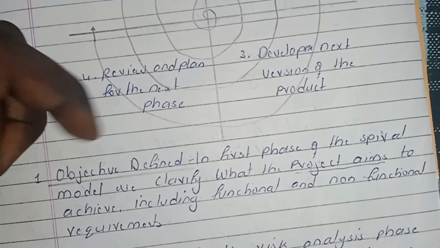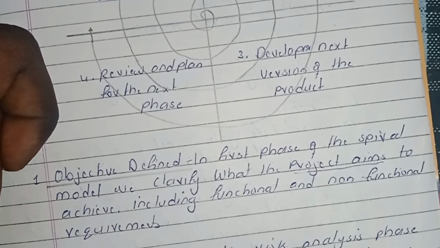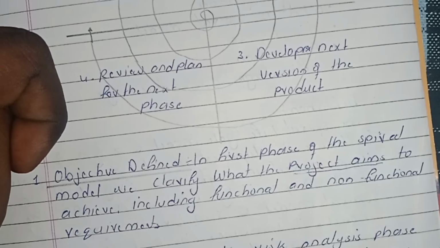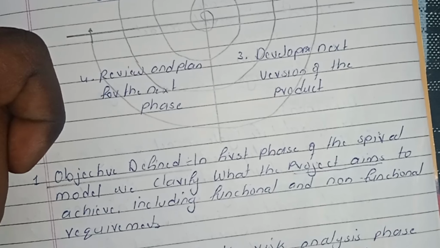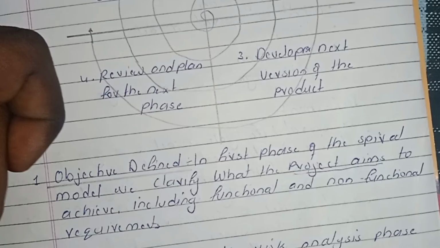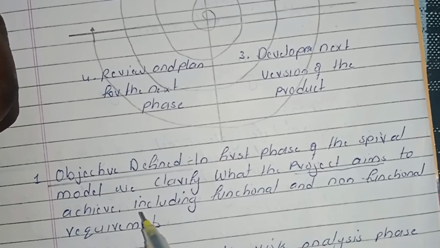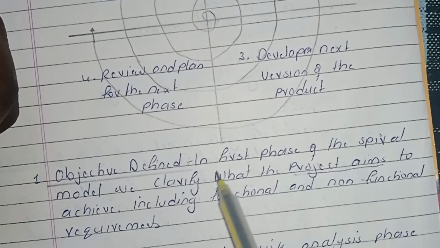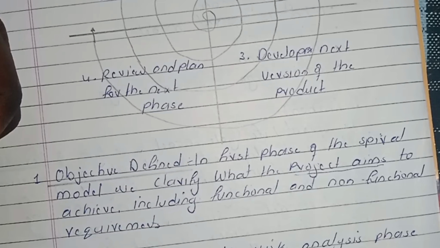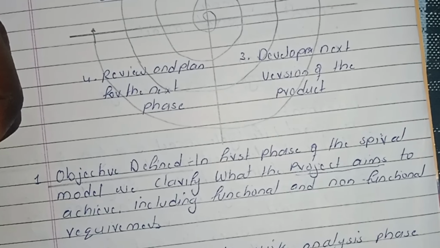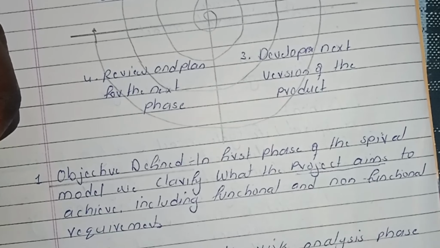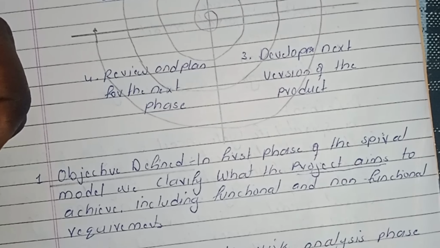Second is risk analysis. In the risk analysis phase, the risks associated with the project are identified and evaluated. The information we collected in the first phase is identified and evaluated in the second phase. Move on to the third, the engineering phase.